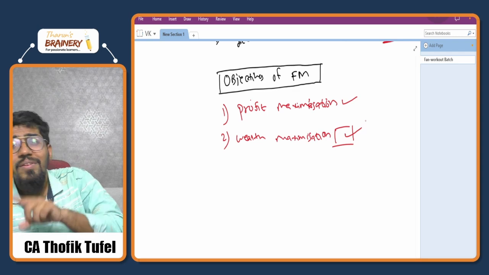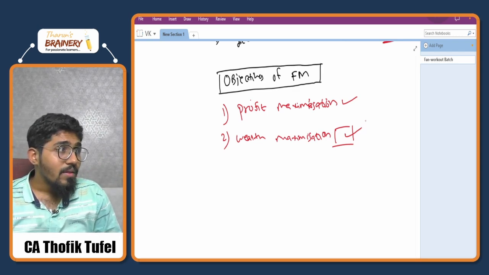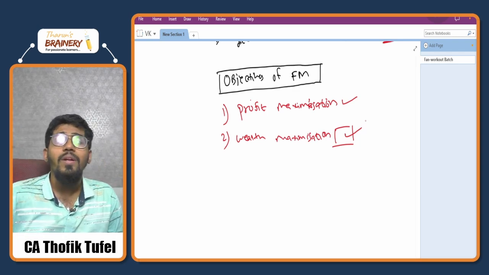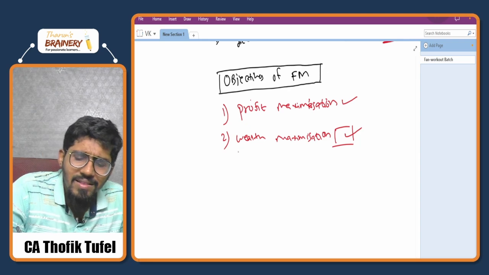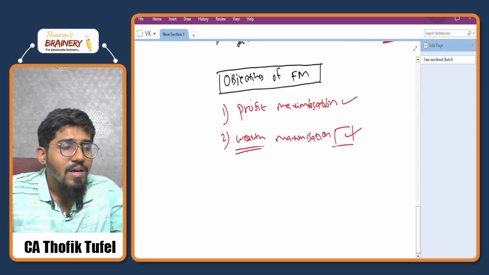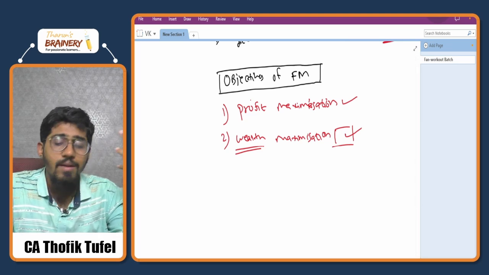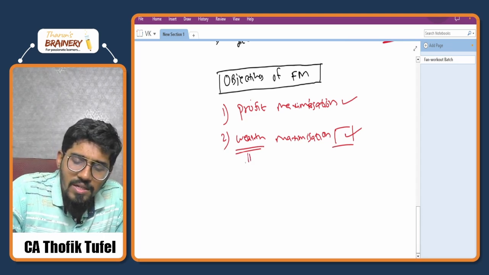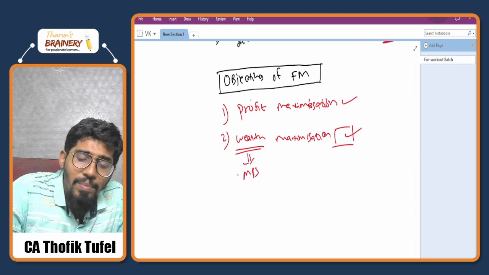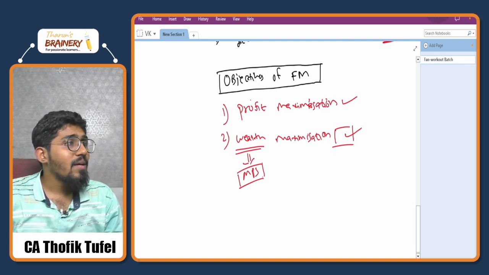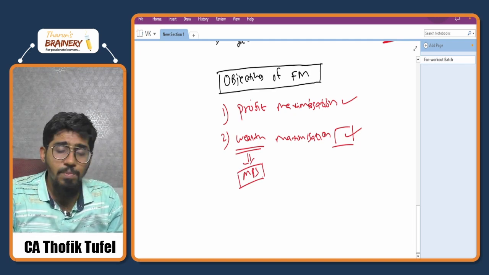So, because investors are more worried about wealth, the company is also more worried about wealth. Wealth here means they are more concerned about the share price of the company, the market price per share.